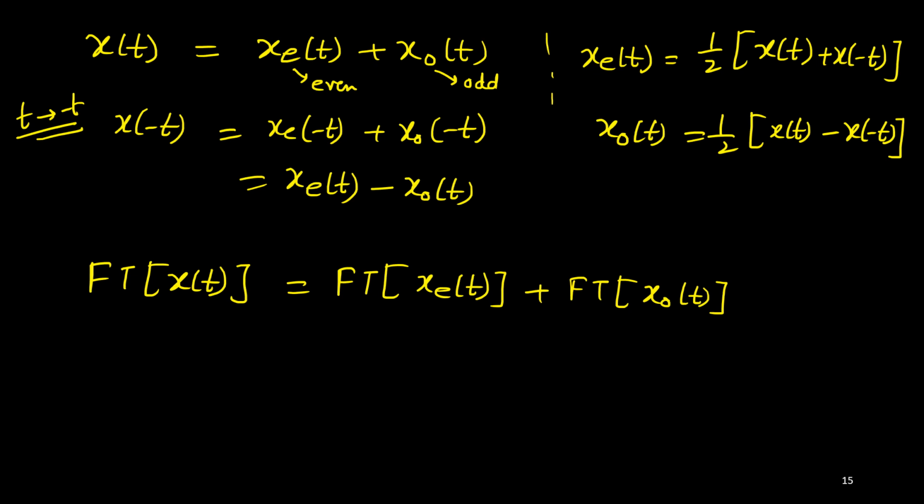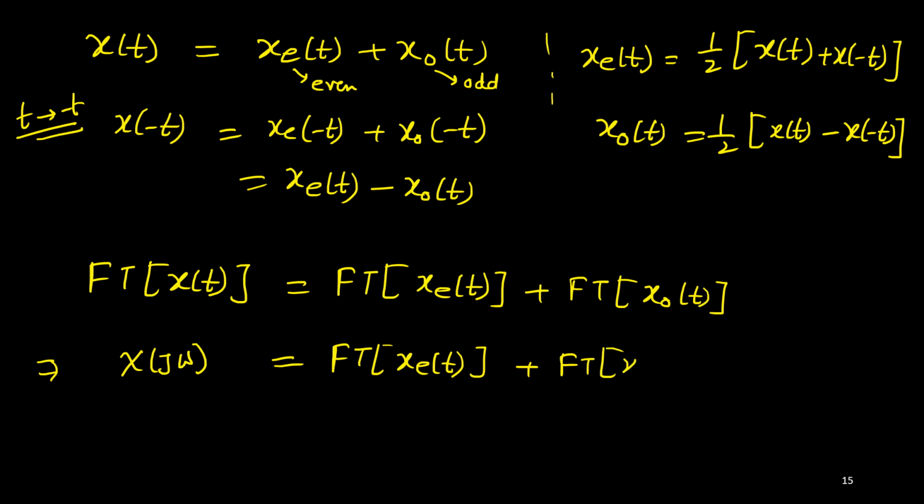So this X(jω) is a Fourier transform of x_e(t) plus the Fourier transform of x_o(t).